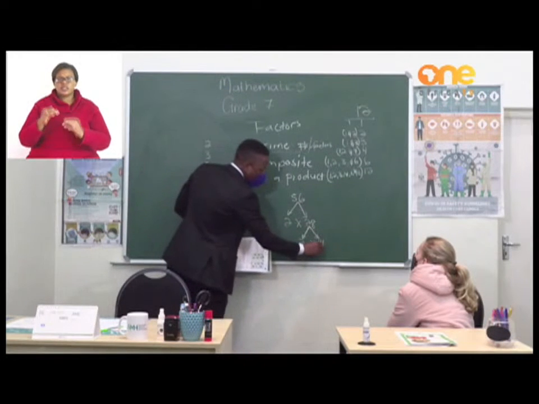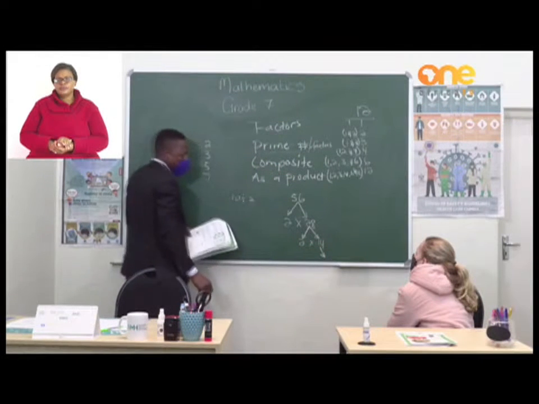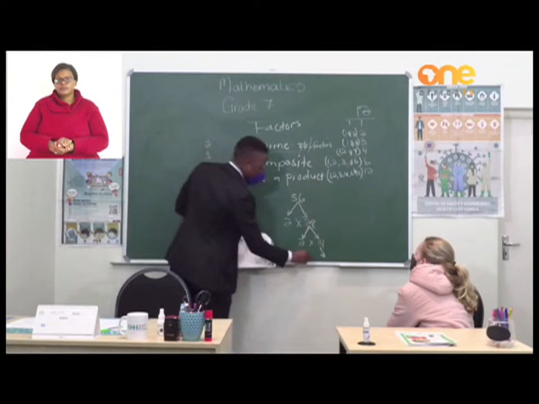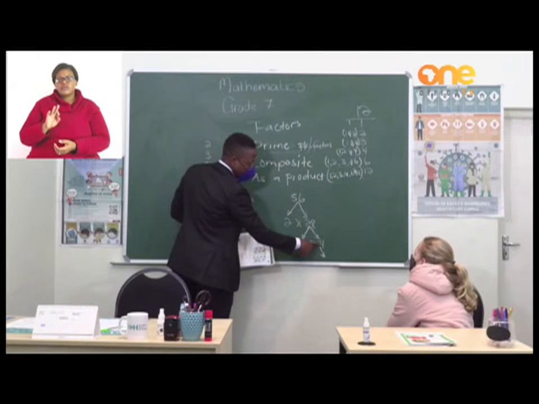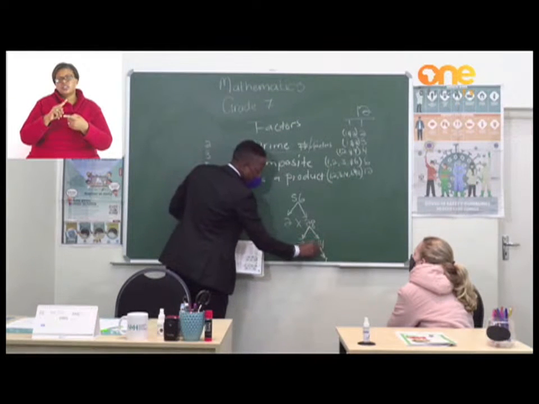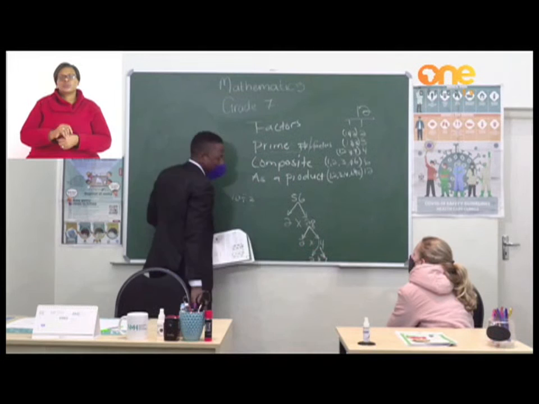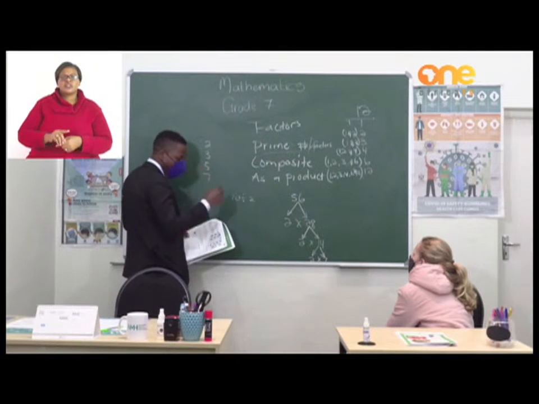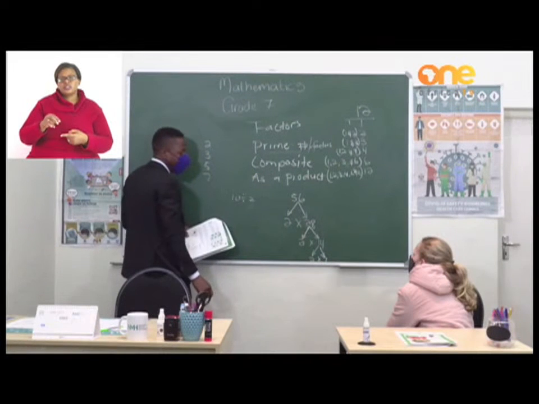You still have to continue, halving again. If I halve 14, I'll have 7. What number can I multiply with 7 to get 14? That number is 2. 2 times 7 gives me 14.